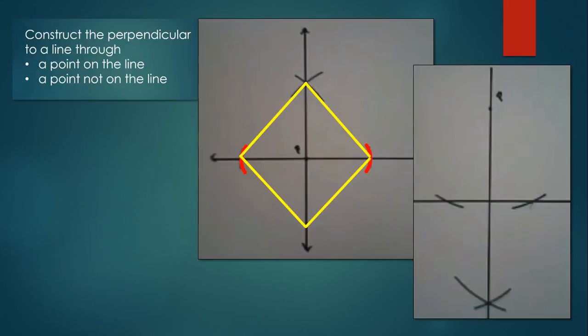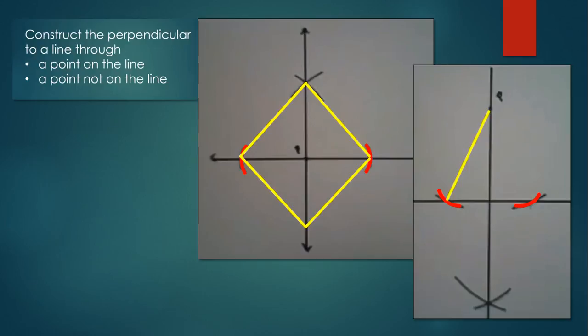This was the other construction. Construct a perpendicular to a line through a point not on the line. And in this case, we started by putting the point of the compass on point P, and then we drew these two arcs, which are going to be one of the diagonals of a rhombus.